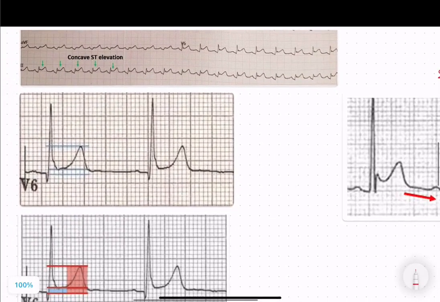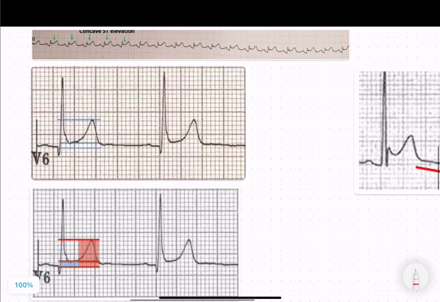Pericarditis can be difficult to differentiate from benign early repolarization, as both conditions are associated with concave ST elevation. One useful trick to distinguish between these two entities is to look at the ST segment to T-wave ratio and also the fish hook pattern.